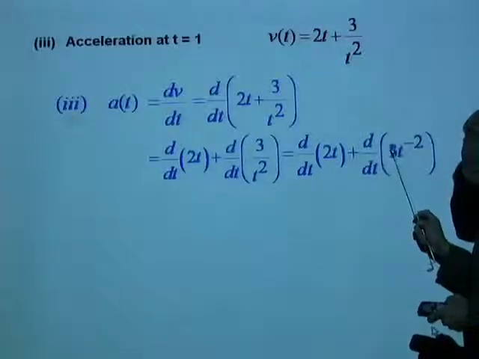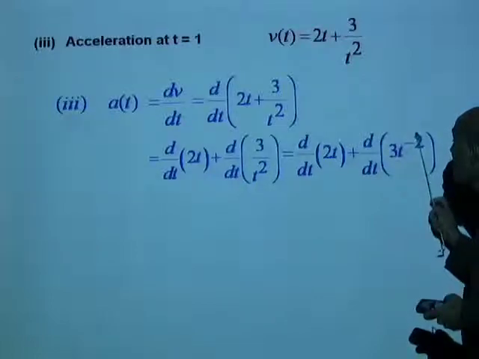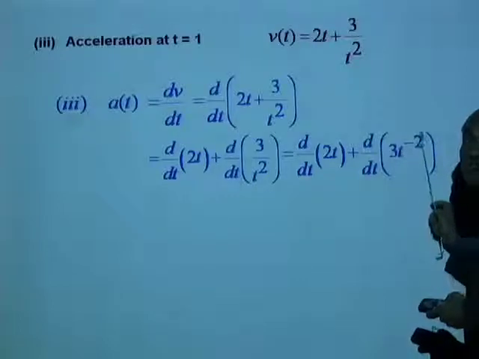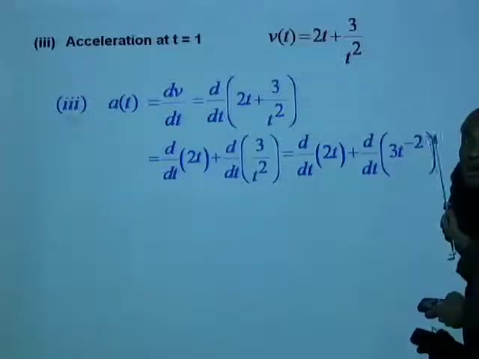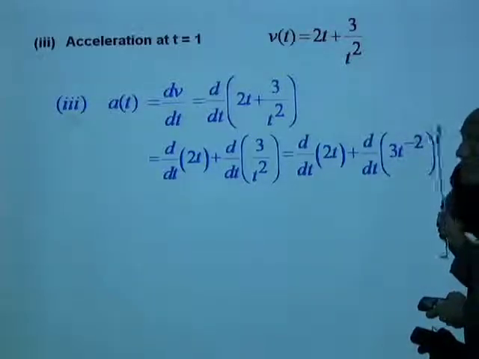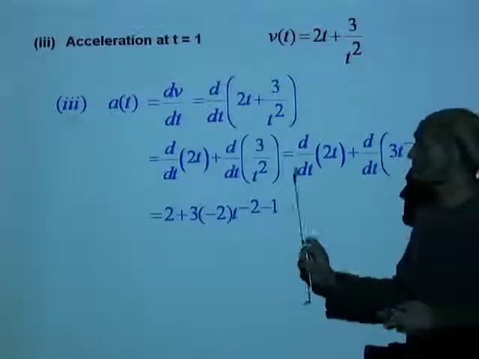What is the derivative of 3t to the negative 2 with respect to t? Use the power rule in your mind. It will be a times n, 3 times negative 2, times t to the power of n minus 1, negative 2 minus 1. Let's write that down.